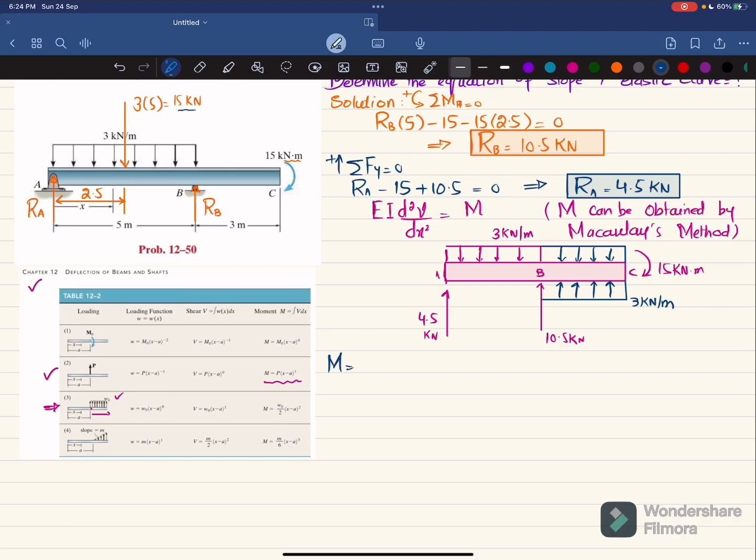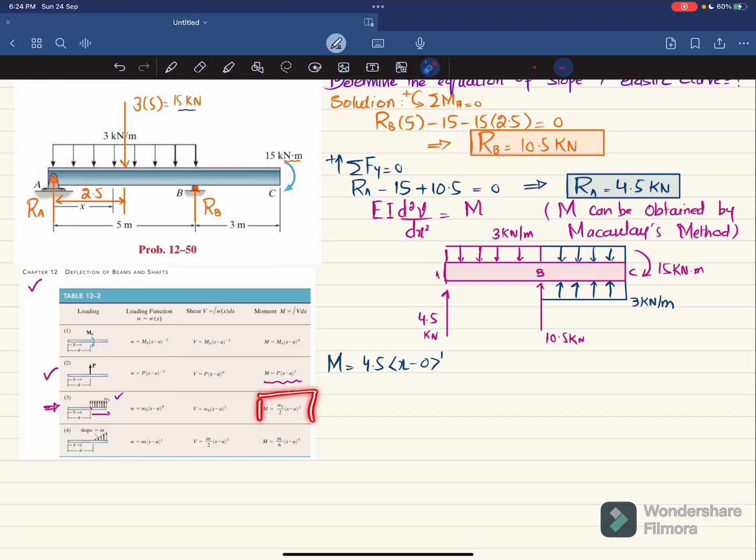So the moment equation, first for this point load. This point load is upward, and here the load is also upward. So we'll use this case, and the moment function will be equal to 4.5 into x minus a, where a is 0 in this condition. So this will be x minus 0 power 1. The second load is this uniformly distributed load, and this starts from A till C, and this is 3 kilonewton per meter.